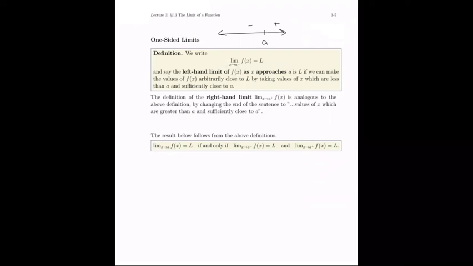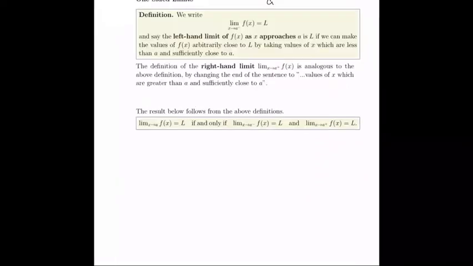Here's a connection between the left-hand limit and the right-hand limit, and the limit we've already talked about, which is the limit as x approaches a. This limit is this equality here: the limit as x approaches a of f of x is equal to L if and only if.